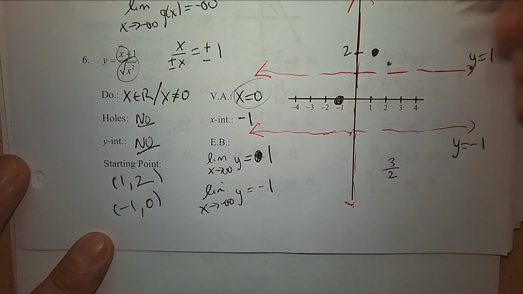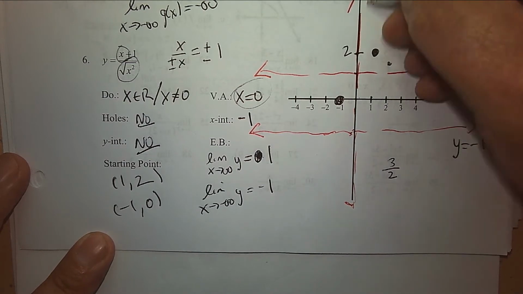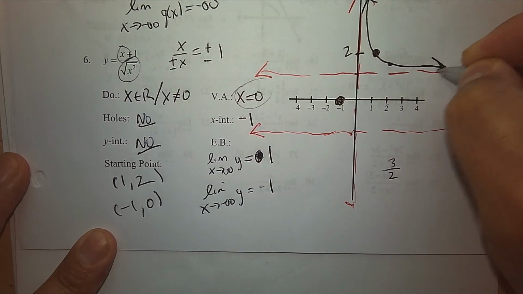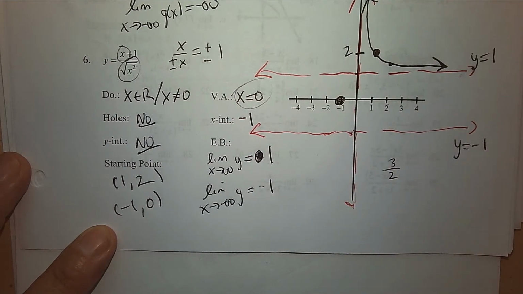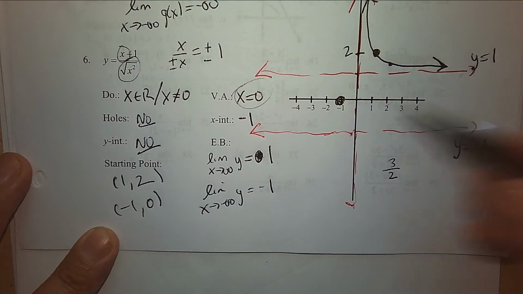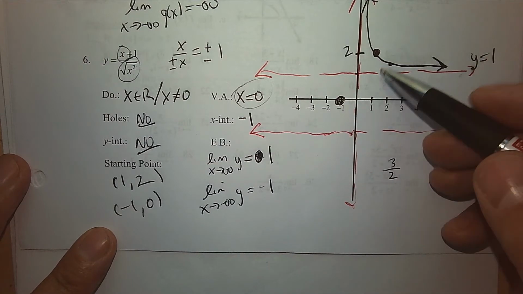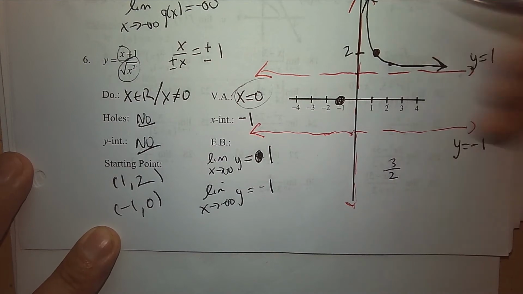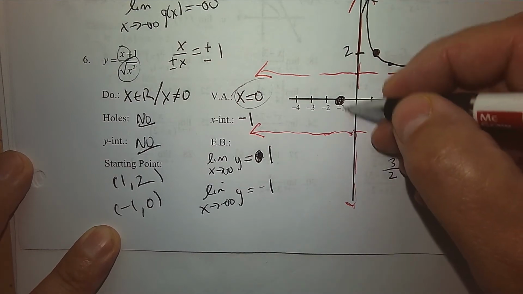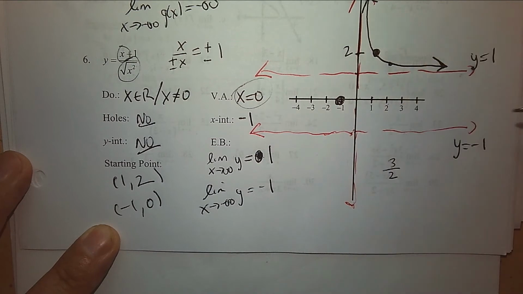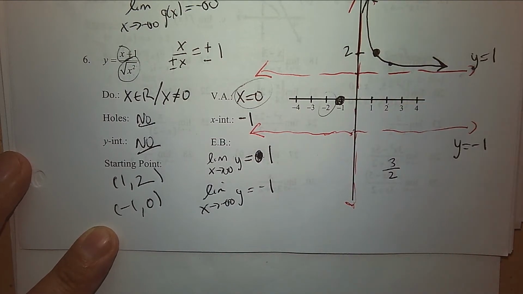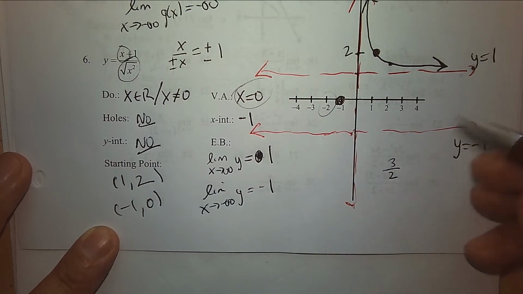Can you tell what direction it's going? So what's happening on here? And then what's happening in between here? So we're going to talk about that too. What's the behavior going to look like here? What happens if I plug in negative 2? What's the answer? What's negative 2 plus 1?